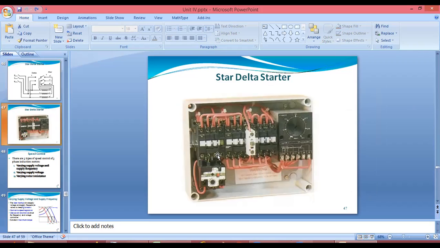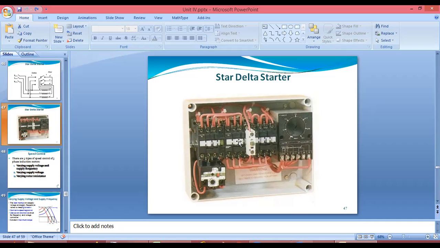So when we give the star delta power supply to the three-phase induction motor, at start the windings are connected temporarily in star, and here we reduce the phase voltage to 0.58 times the normal voltage.